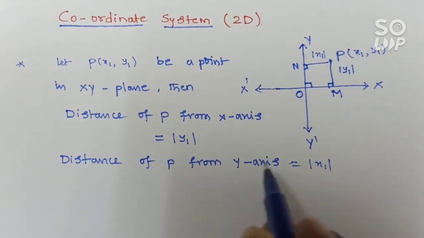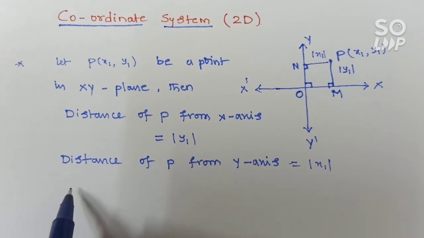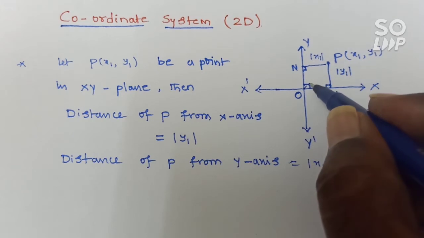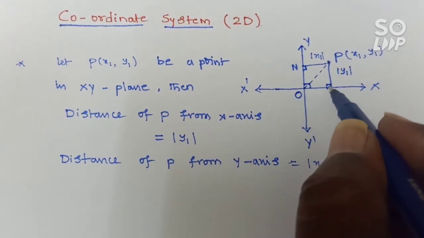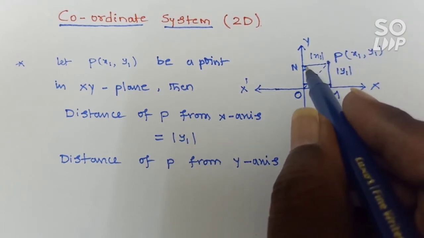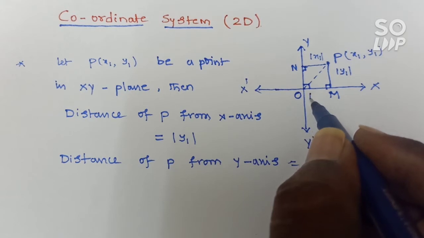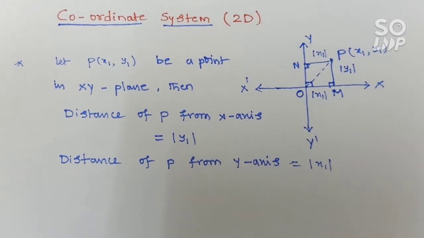So now if you draw this line, this is clearly a right angle triangle. If PN is equal to modulus of x1, then this one is also modulus of x1.